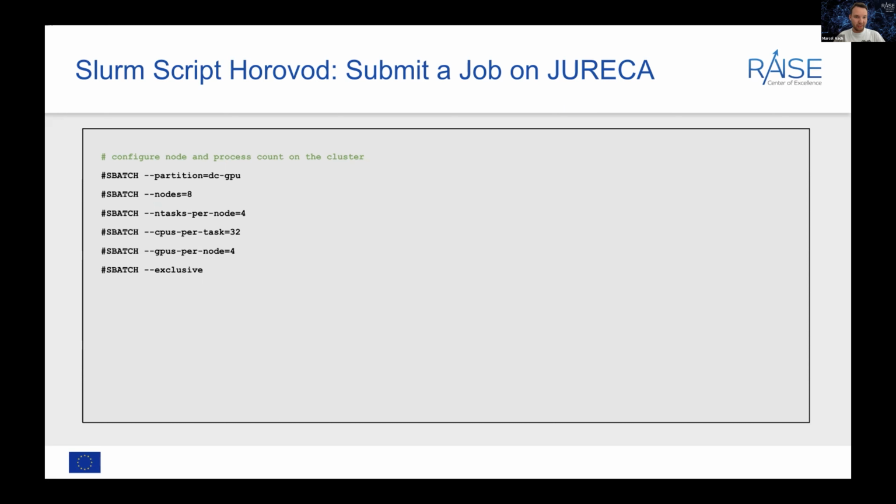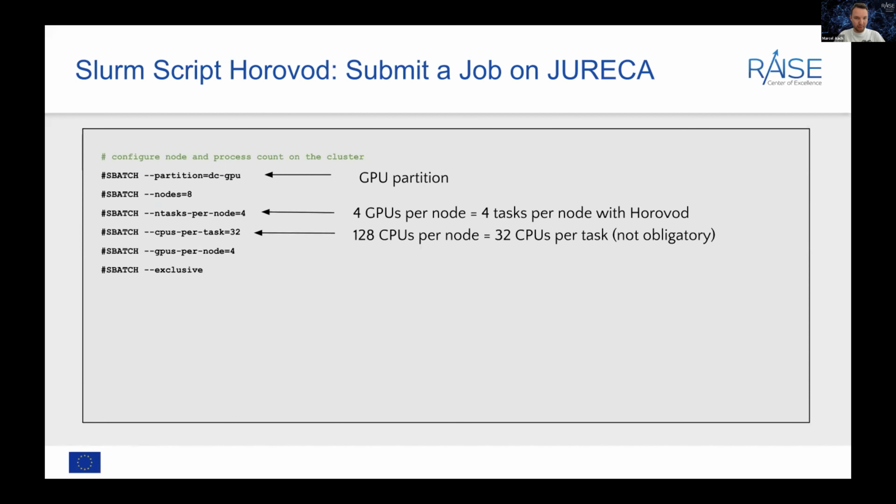And then you can specify the number of nodes. And this is important for Horovod: the number of tasks per node, in this case, needs to be equal to the number of GPUs per node. And as we have 4 GPUs per node on Eureka, we set the number of tasks per node also to 4.